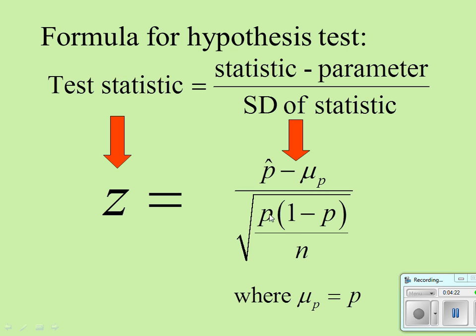Hopefully you remember that. We've been doing that for quite a long time now, although it hasn't been in this syntax, this version, where you have p hat and p in the same problem. So it's just slightly different, but this is our test statistic for hypothesis tests.